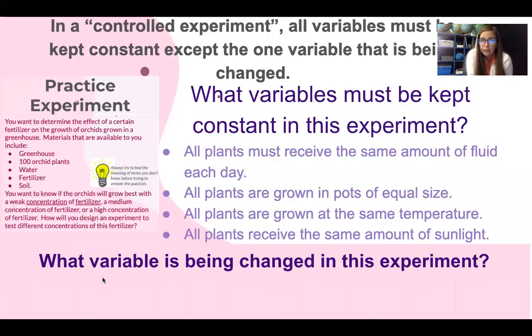What are we changing in the 4 different groups? What's being changed? Ansley, can you tell me what is being changed in this experiment? What is the one thing that's being given differently to each group of plants?